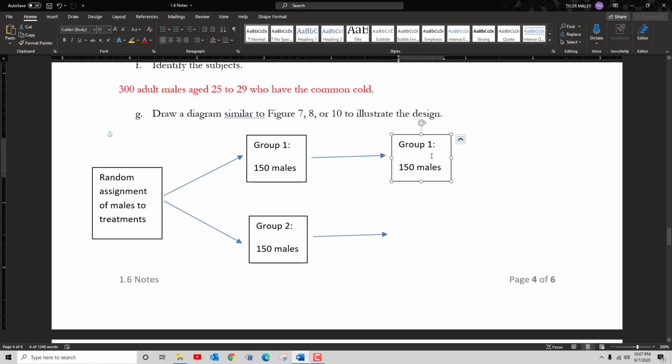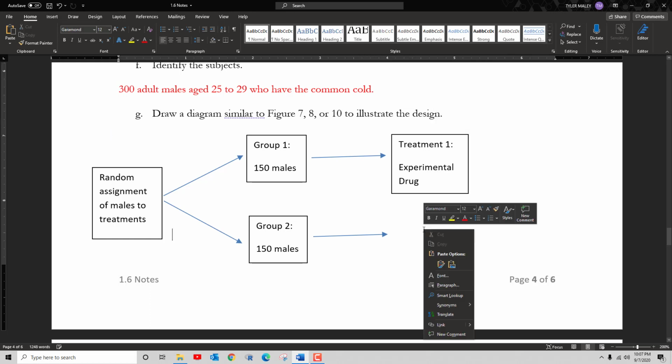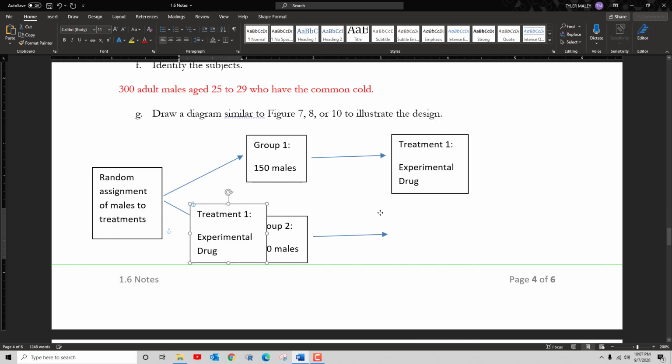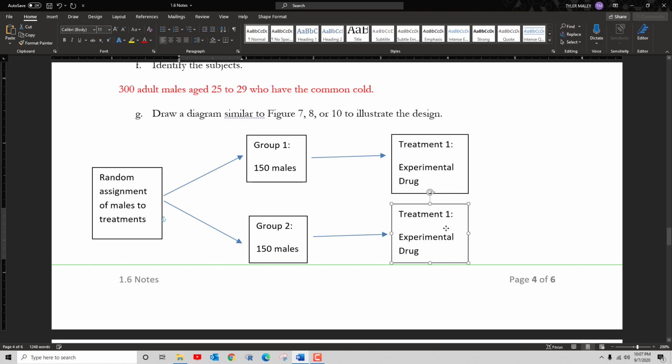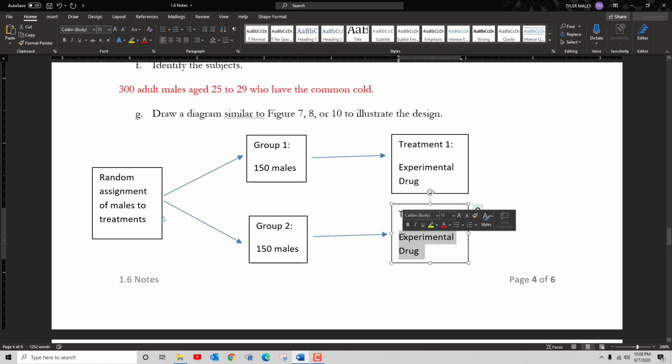Here we're going to have treatment 1, which is the experimental drug. And then group 2, so we'll say treatment 2, had the placebo.